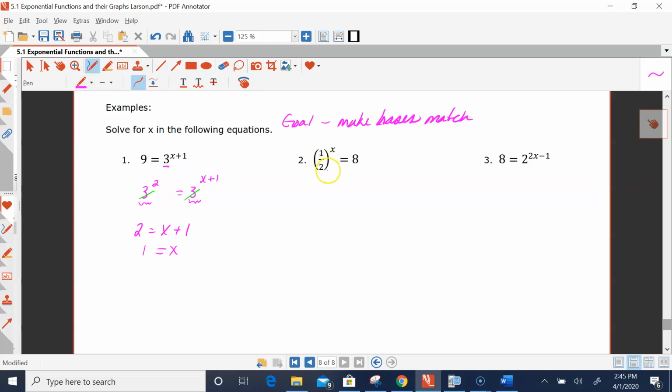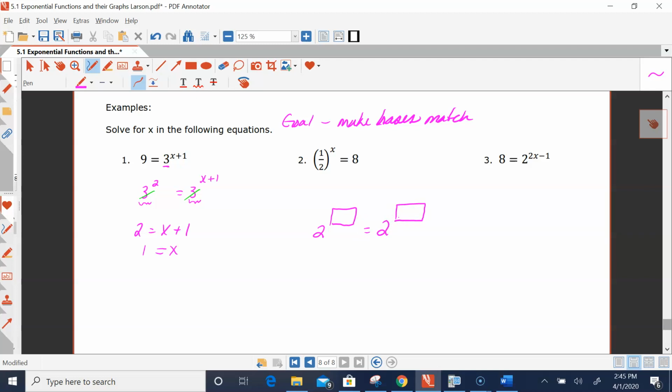So here's a situation where I have 1/2 to the x power equal to 8. Well, this one's a little more difficult, but let's try to rewrite it so I have a base of 2 on both sides. I'd like to have base 2 to a power equal to base 2 to a power.